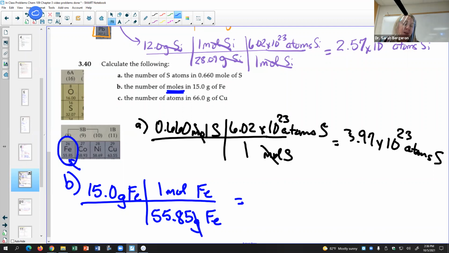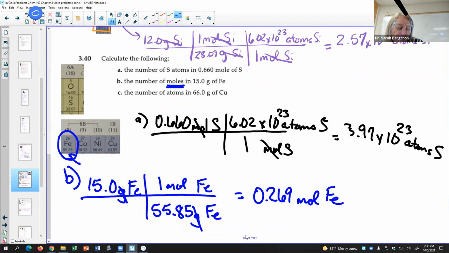So my grams cancel, what am I left with? Moles. In this case, I got 0.269, try the math, moles of iron. Is that what y'all got? Always check my math.